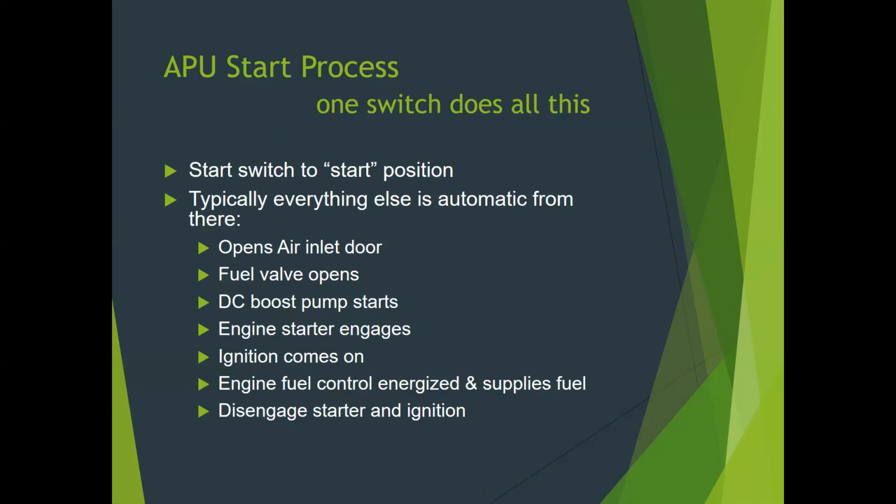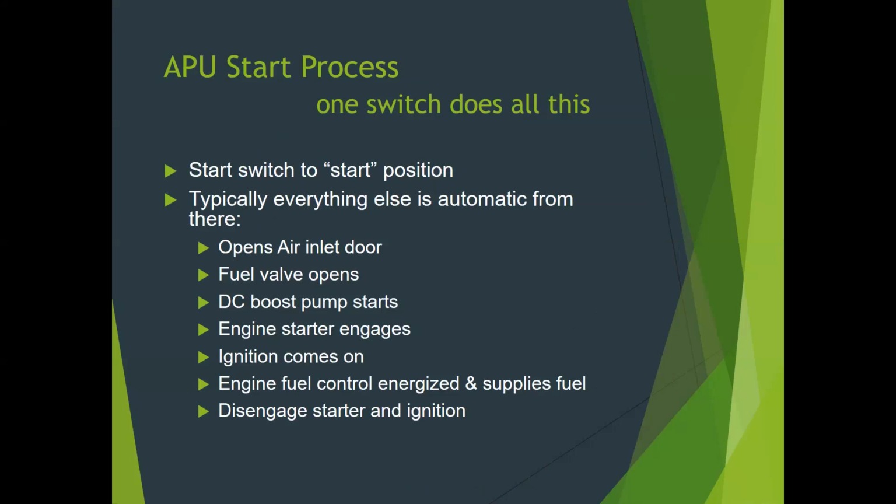The APU has to get up to a minimum speed it has to be rotating at before we start to add fuel to it, because we have to have airflow through it since it's cooled by the internal airflow. Once the APU gets up to that speed, then the fuel control will energize and it'll open the solenoid valve that allows fuel to flow through the fuel nozzles. And then the APU will light off.